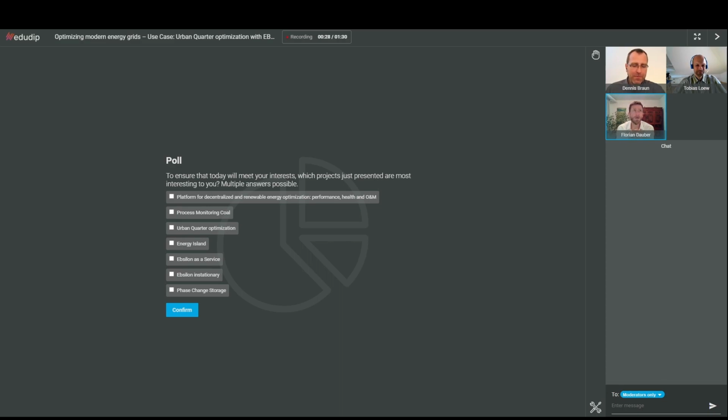Then I managed, and this is what I'm actually doing right now, an urban quarter solution for a customer where we build up a huge EBSILON model for exactly planning the grid of an urban quarter and have a deep dive into the energy generation there. I think we will talk about this later on in this session today.